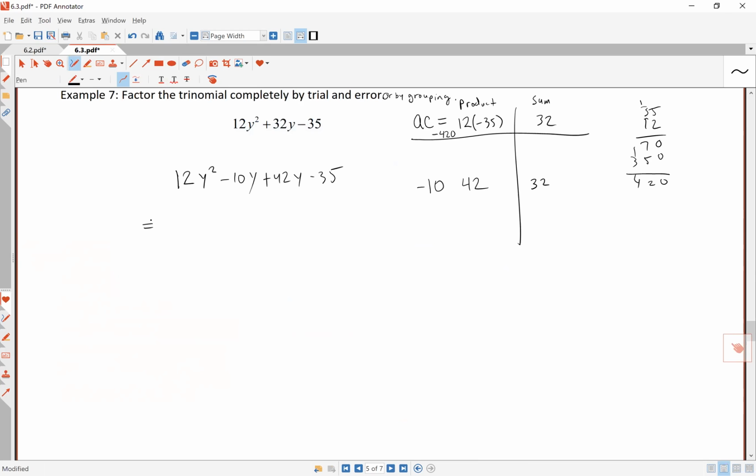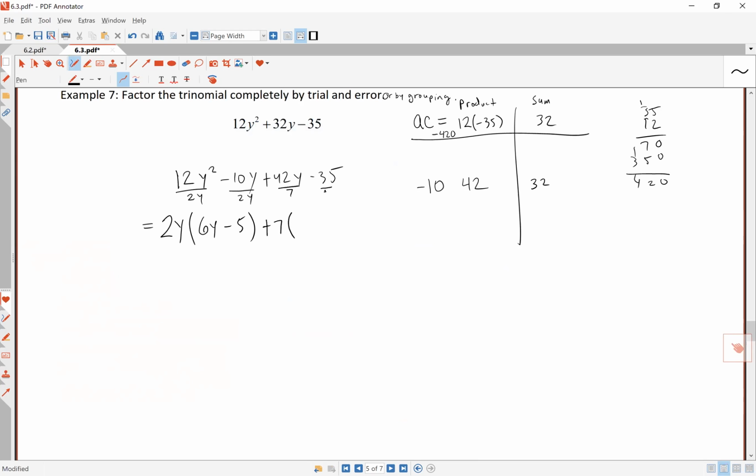Now we factor by grouping. 12y squared minus 10y, we have a 2y in common. Dividing by 2y, we get 6y minus 5. 42y minus 35, we can factor out a 7.